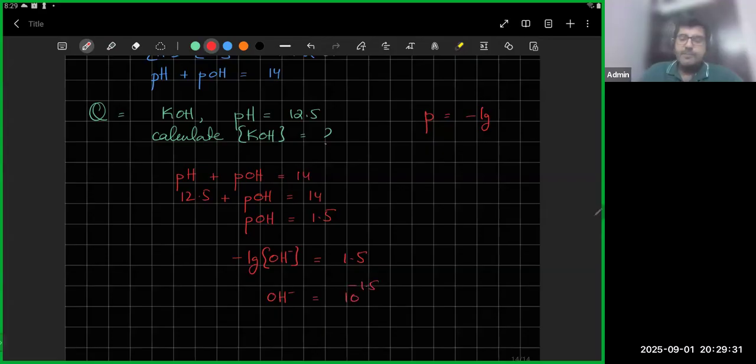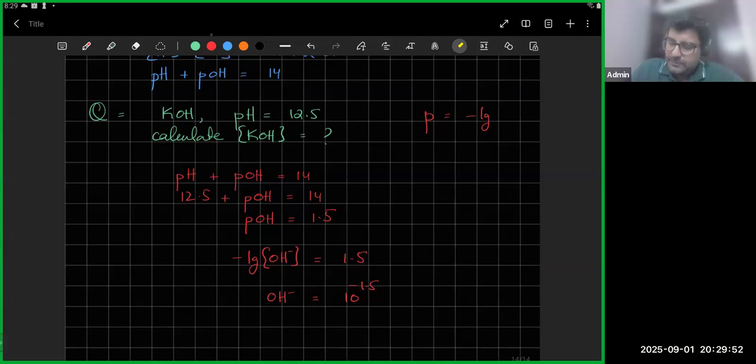Okay? I mean, you have to practice this a lot. If you see pOH is equal to 1.5, that means the OH ion concentration is a power of 10, that's 10 power 1.5, but since you were using a negative sign, you have to incorporate the negative sign back.